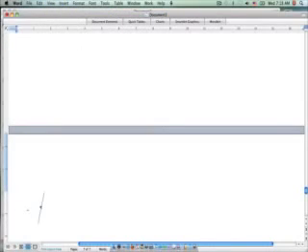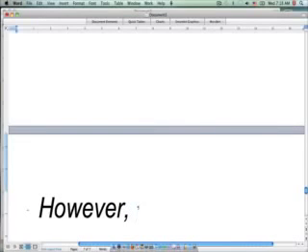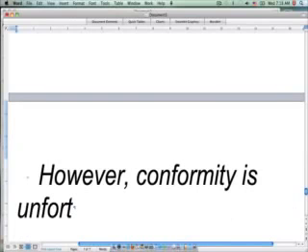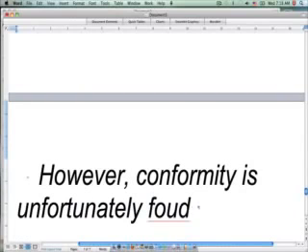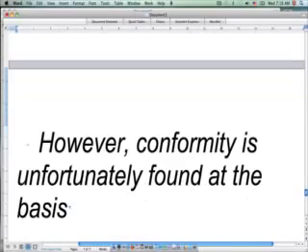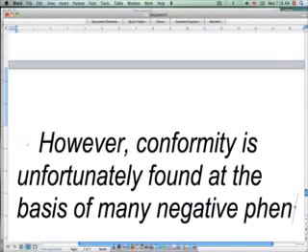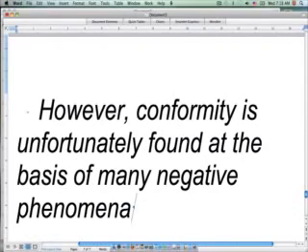So, we'll use a phrase like however to show that we're going to the other side of the argument. Conformity is unfortunately found at the basis of many negative phenomena as well.